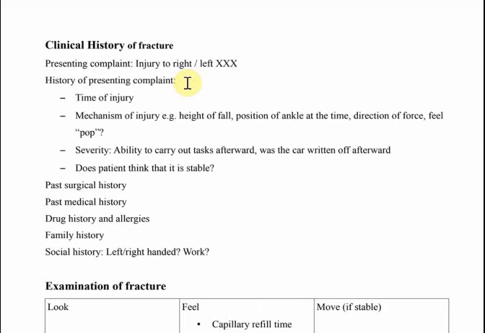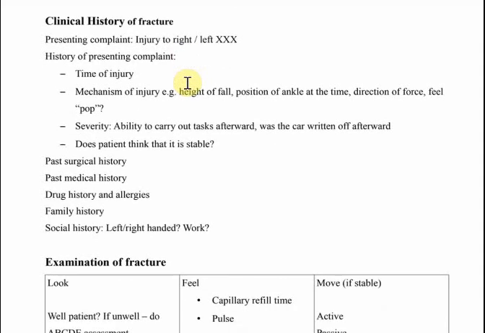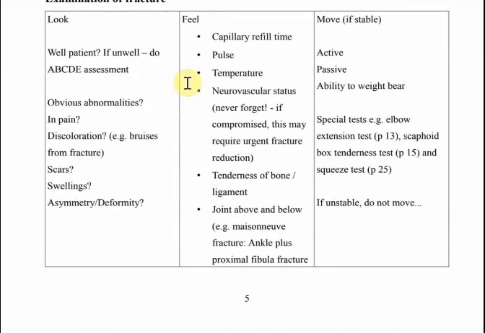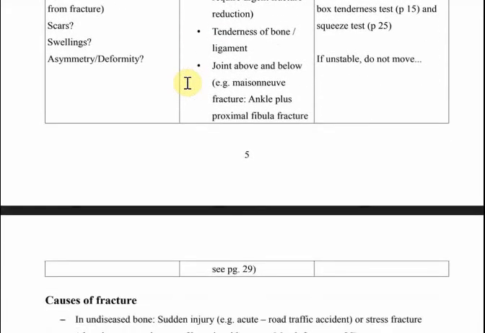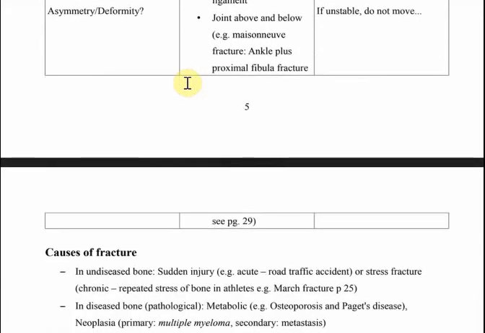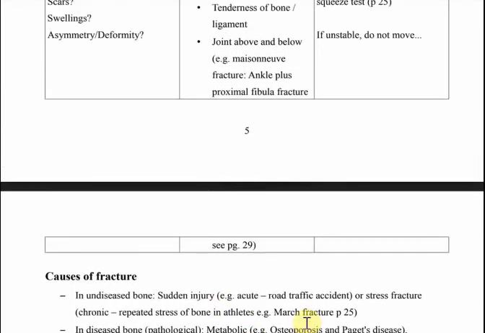After that, take a past surgical history, any surgeries in the past, any past medical history. Past medical history is important because, for example, does a patient have any predisposing disease to cause fracture, such as osteoporosis, Paget's disease, or cancer, like myeloma or secondary cancers or metastasis.